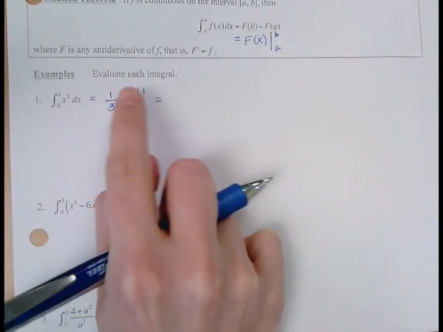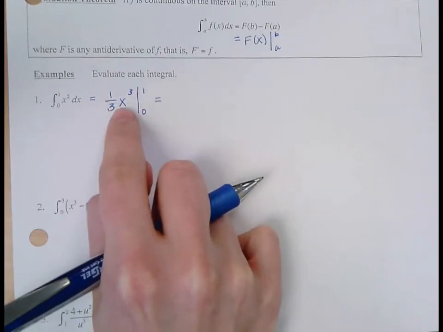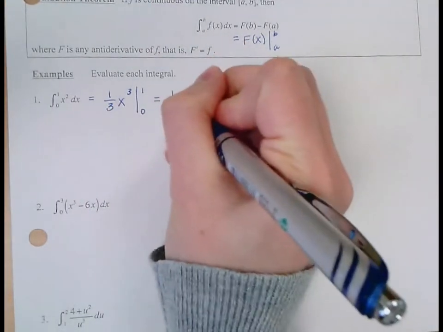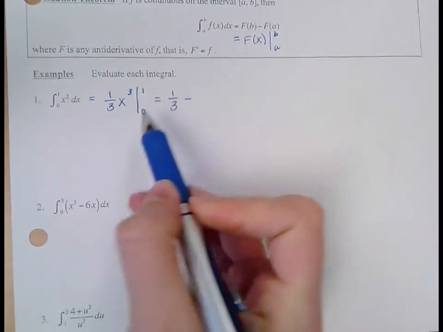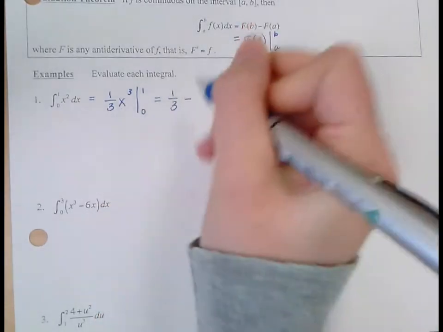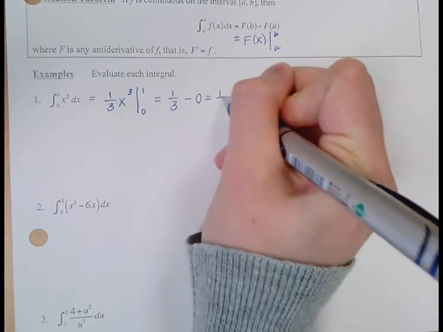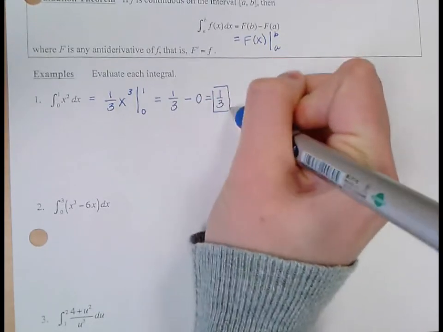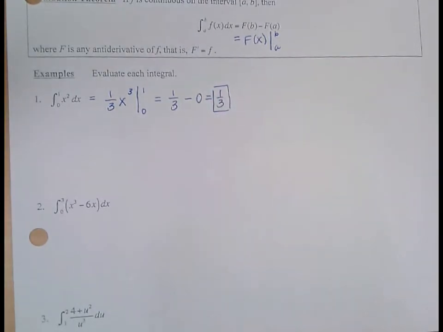Meaning, I substitute in 1, so 1/3 times 1 cubed would just be 1/3, minus, and then I substitute in 0, 1/3 times 0 cubed is 0, 1/3 minus 0 is 1/3, and that gives you the exact value.